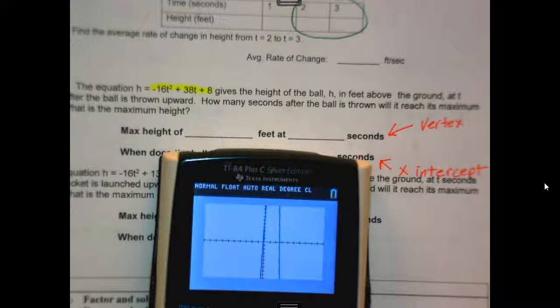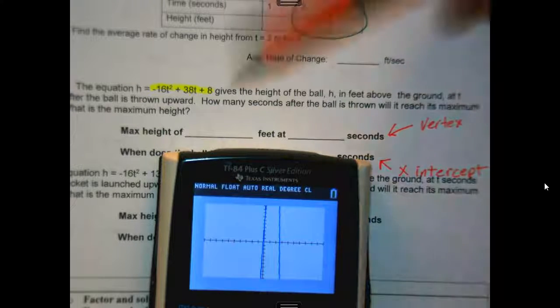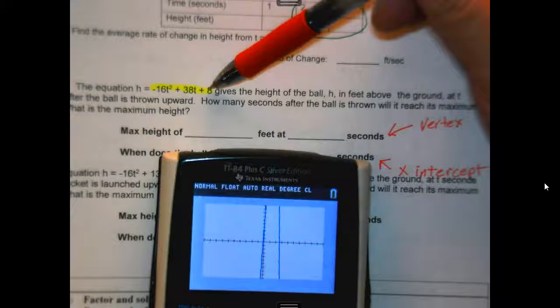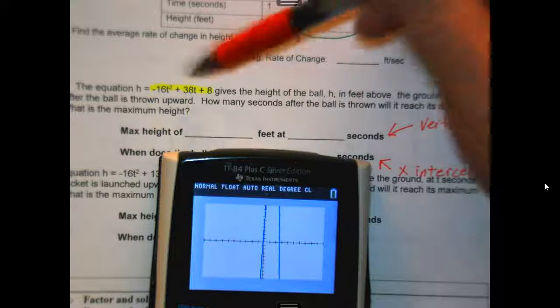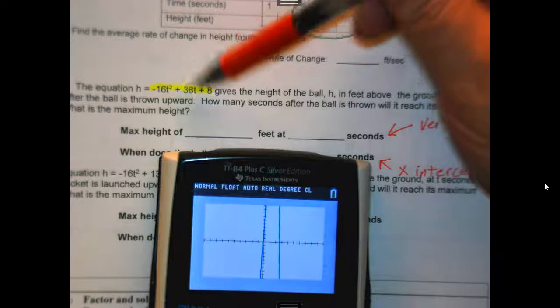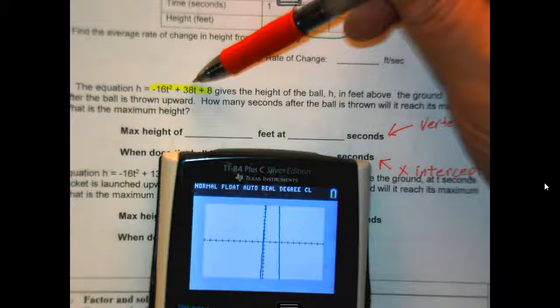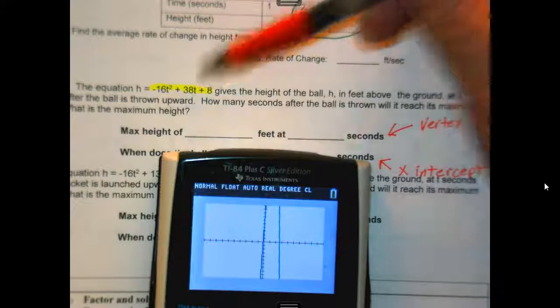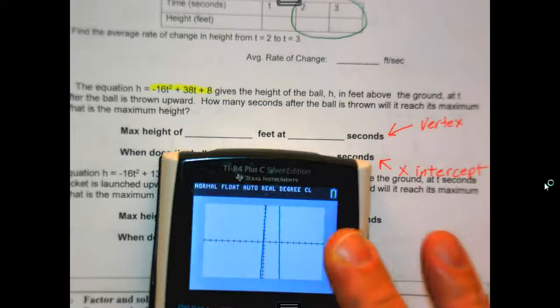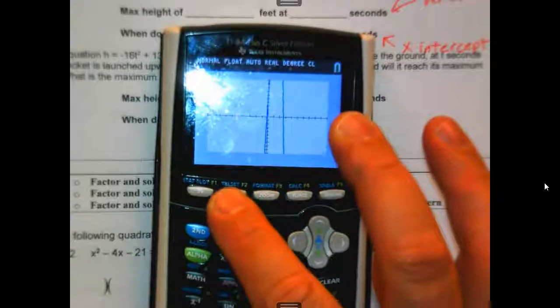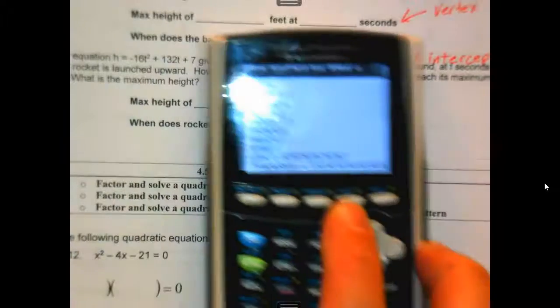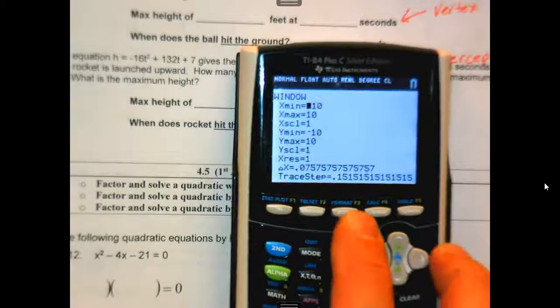Now, if it had a large initial height, I could just use this number, but this one's got the large velocity. So when it's velocity, I like to at least double this number. So this would be like 70. I'm going to use 100. See if it fits in my window. So I'm going to go to my window key and see where it says Y max.